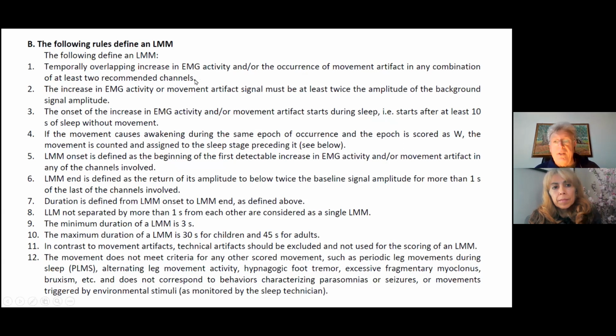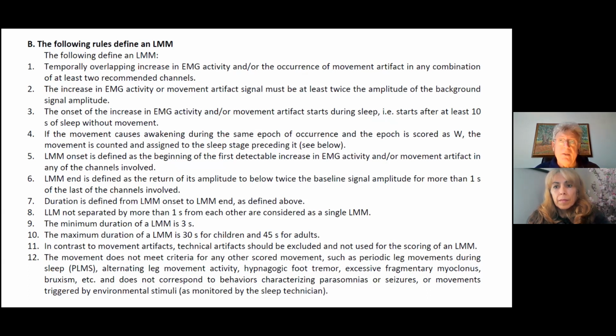You remember the channels that we have recommended before. So we must have at least two recommended channels.